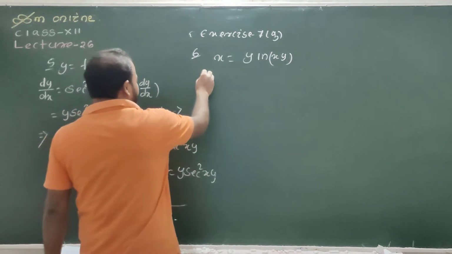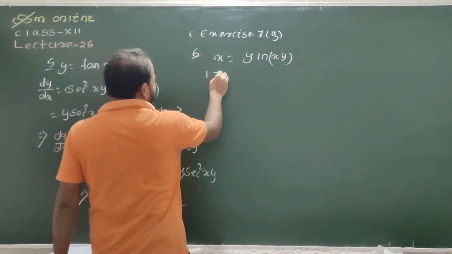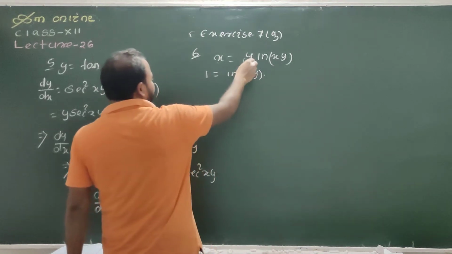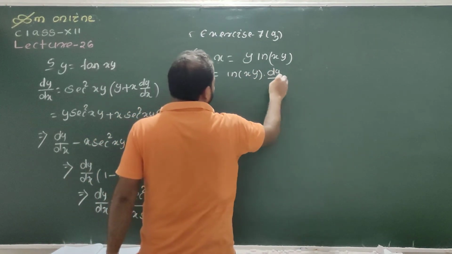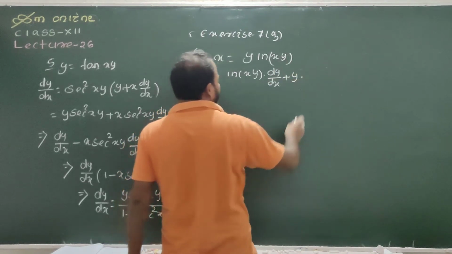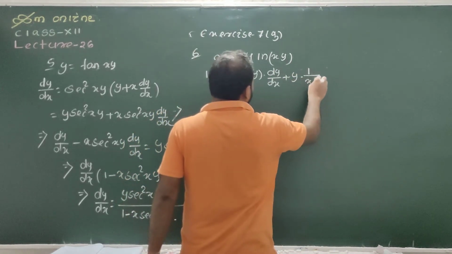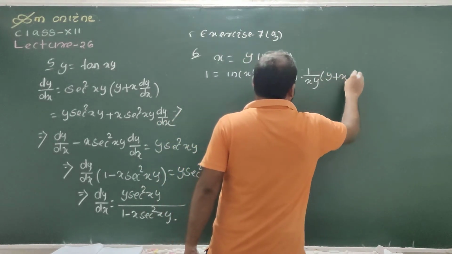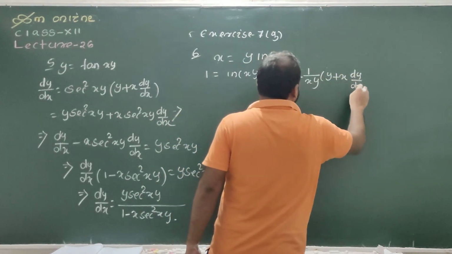Differentiating both sides, this is 1, and this is ln of xy times the derivative of y with respect to x, plus y into the derivative of ln xy. This is 1 by xy, and the derivative of xy is y plus x dy/dx.